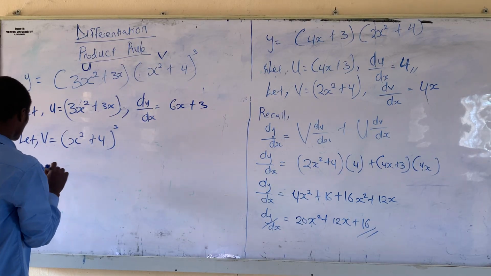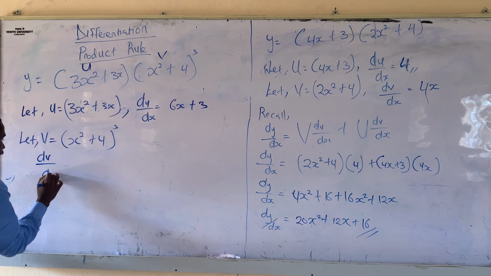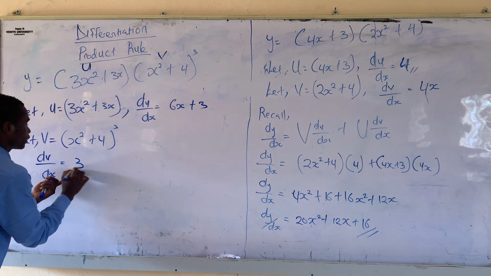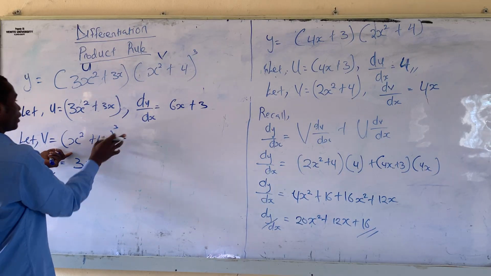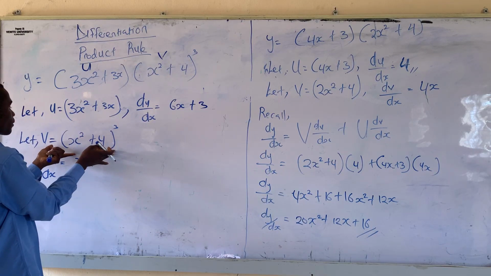So in order to apply the chain rule shortcut, if you have to differentiate v with respect to x, dv over dx will be equal to bring down the power, which is 3, multiplied by the derivative of the expression inside the brackets.